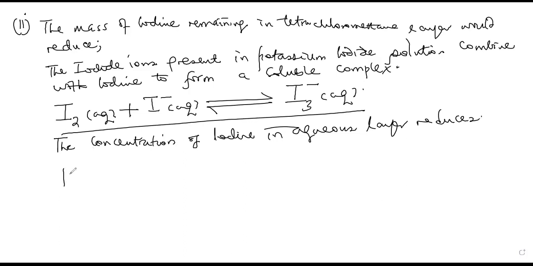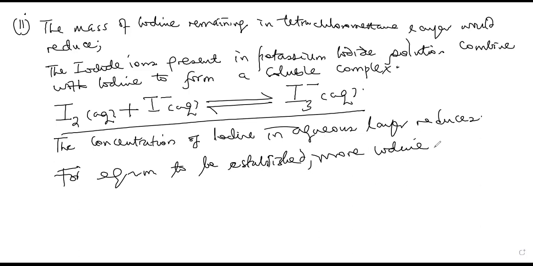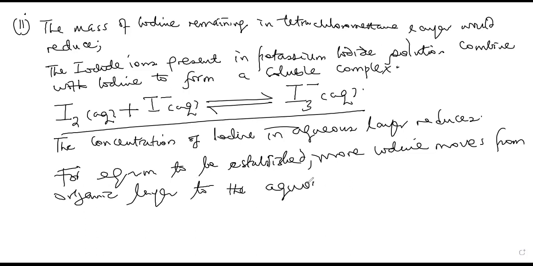And for equilibrium to be established, more iodine has to move from the organic layer to the aqueous layer. That's why the mass of iodine remaining in the tetrachloromethane would reduce.